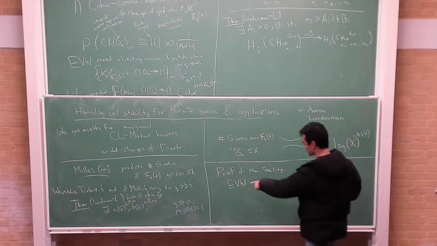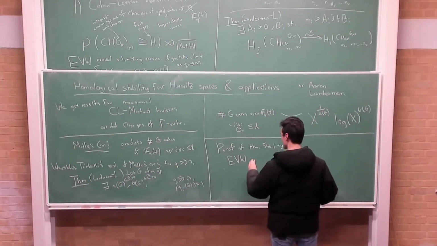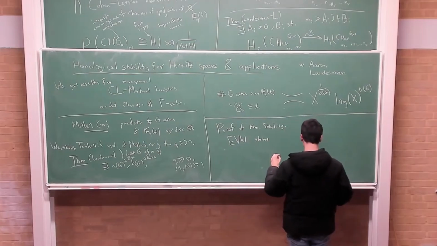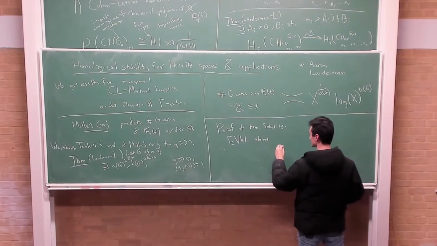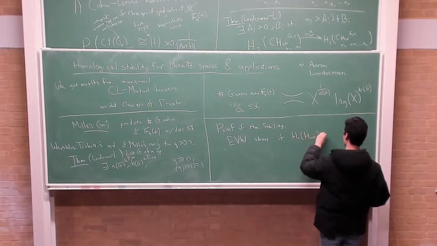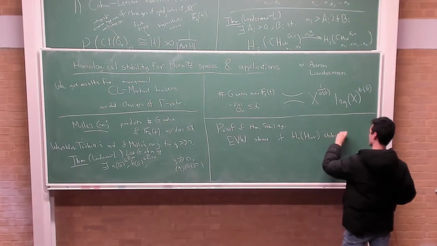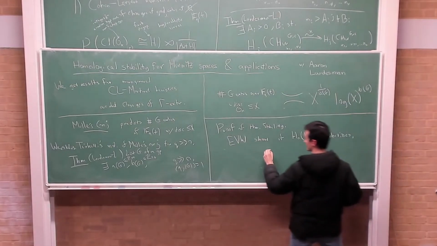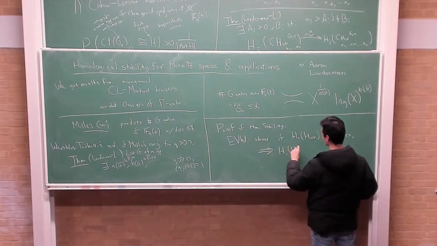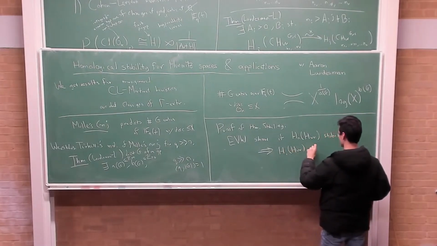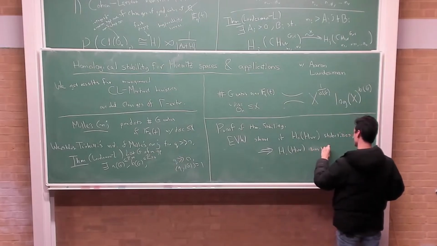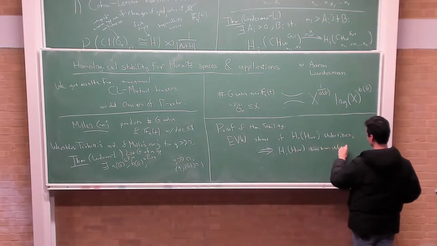So what Ellenberg, Venkatesh, and Westerland were able to show is that if H naught of the Hurwitz spaces stabilizes, then actually H_i also stabilizes in some linear range, has homological stability, in some linear range.